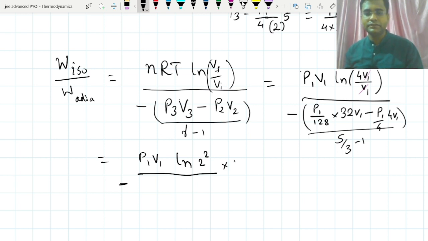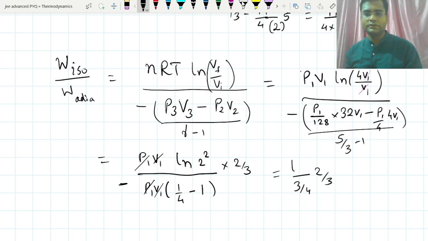So that 2 by 3 is in denominator, so you can multiply numerator by 2 by 3. Okay, so what we have here is P1 V1 you can take common. Inside bracket what you will have is 32 upon 128 is 1 by 4, minus 4 and 4 gets cancelled, so this is 1. So 1 by 4 minus 1 is minus 3 by 4, minus of minus becomes plus, this you can cut, so plus 3 by 4 in denominator, and this is 2 by 3, and this is log of 2 square you can write 2 log 2.